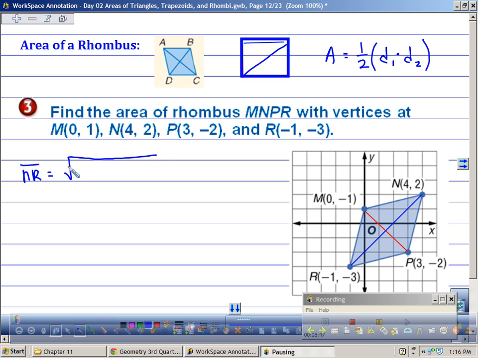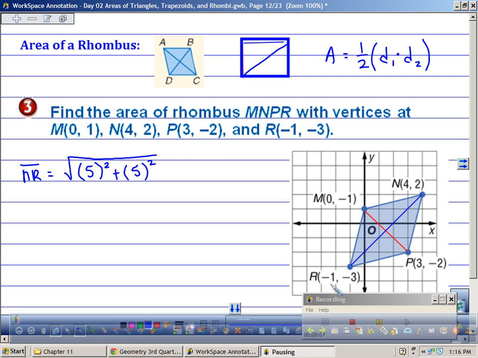So I am going to take the square root of, how far do I go to get from -1 to 4? I have to go over 5 units. What's the distance from my y's? -3 to 2. How far do you have to travel to go from -3 to 2? 5. Does everybody get that?